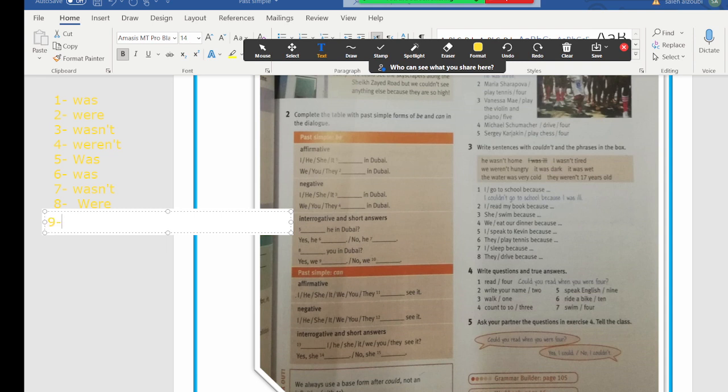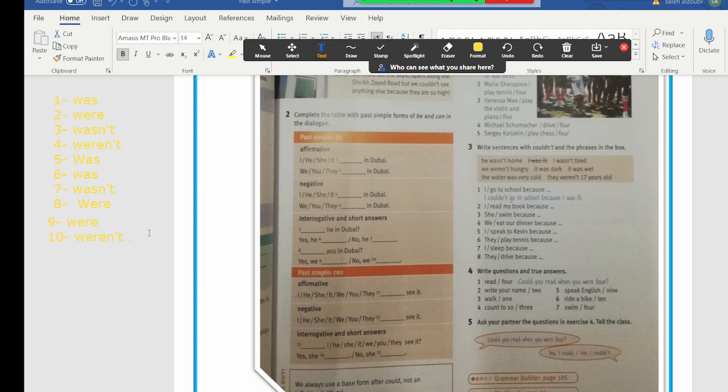Nine: Yes, we were. Number 10: No, we were not. Done with it? Okay. Past simple with can, affirmative: I, he, she, it, we, you, they.